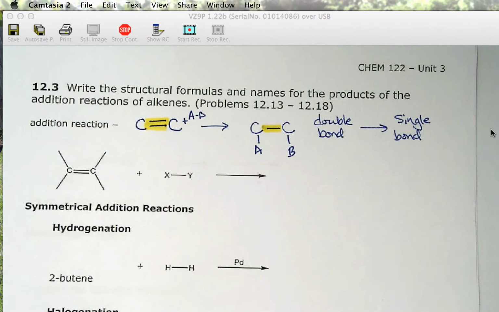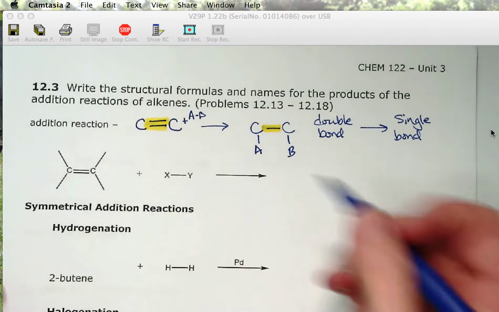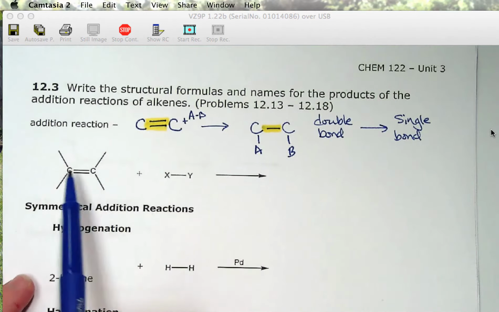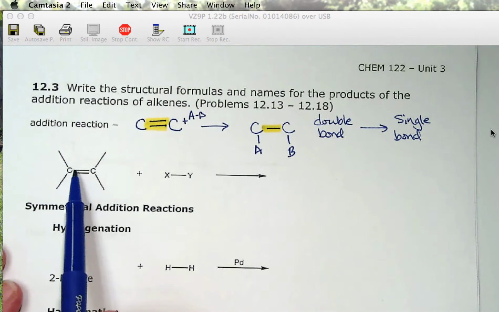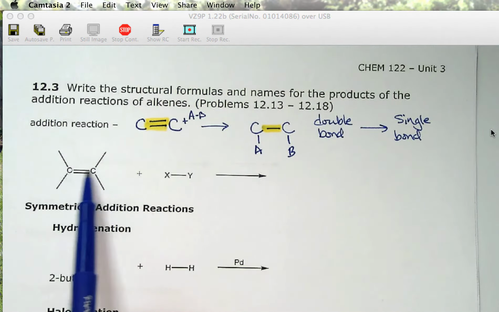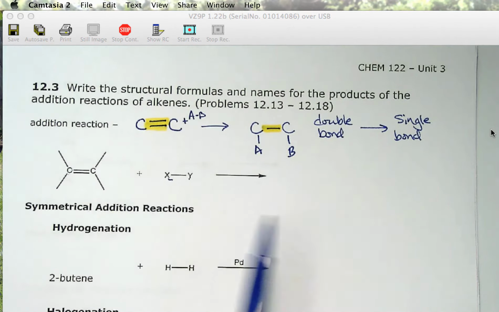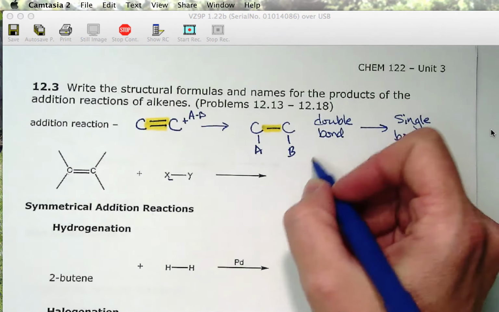In these reactions, on the exam, if you provide a product that still has a double bond present, you won't get any credit. So you have to make sure that your double bond goes away. This is just a very general example. You have your alkene, you have X and Y, and we'll learn different reagents.